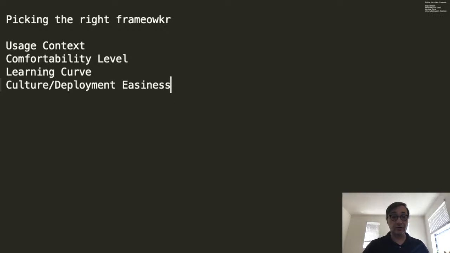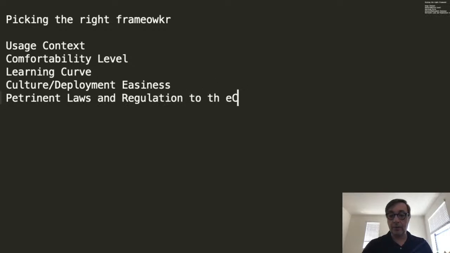If your organization culture is all about U.S. standards, right? This is easier. If you're more European culture, right? Maybe ISO is going to be easier, right? Also, pertinent laws and regulations to the company may help you decide that.